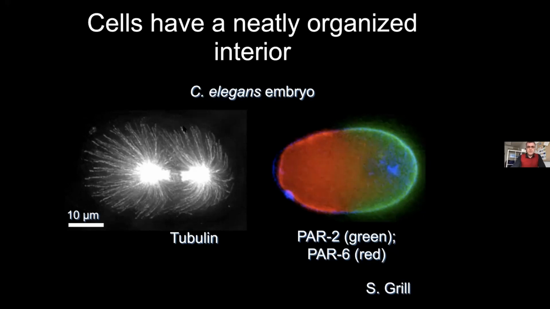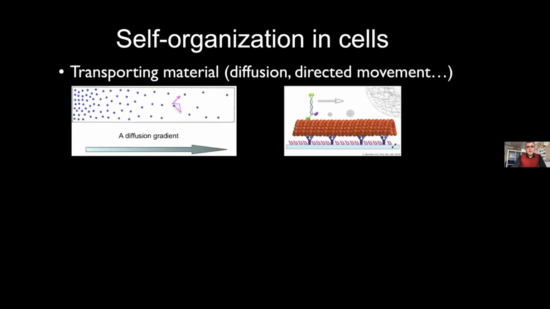Obviously, a lot of self-organization is going on there. Also, one can see these PAR proteins that are bound either to the anterior or posterior side of these cells. And when we see this self-organization that happens at the cellular level, one can ask what are actually the principles or what strategies are behind this self-organization.